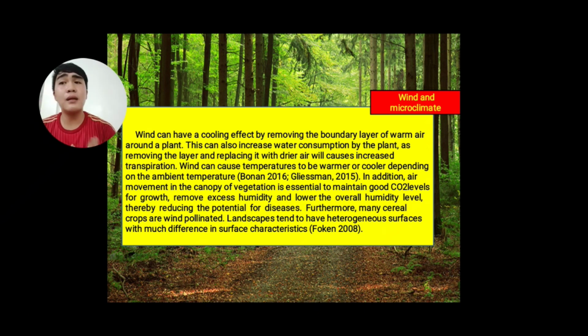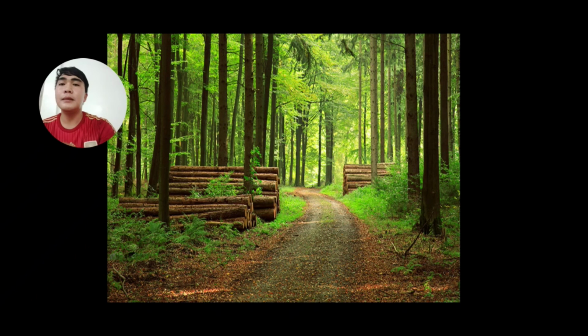Wind can also cause temperature to be warmer or cooler depending on the ambient temperature. Furthermore, many cereal crops are wind pollinated. Landscapes tend to have heterogeneous surfaces with much difference in surface characteristics, so that is one of the ways we manage the microclimate.